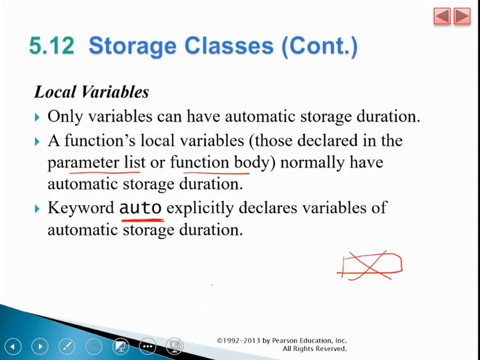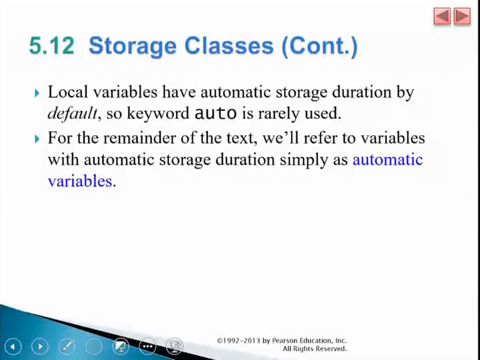Right now I am just talking about storage duration. Local variables have automatic storage duration by default, so we are generally not using the auto keyword, but if you want to write it explicitly, you can do so. Automatic variables are the default variables. If you just write int x equal to 5, this automatically becomes an auto variable, an automatic variable.